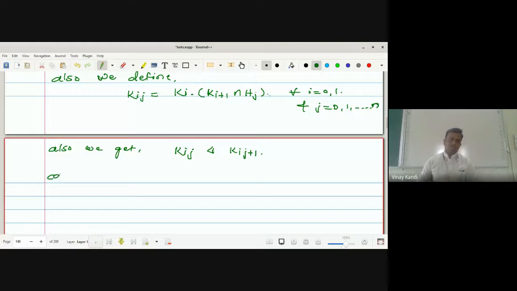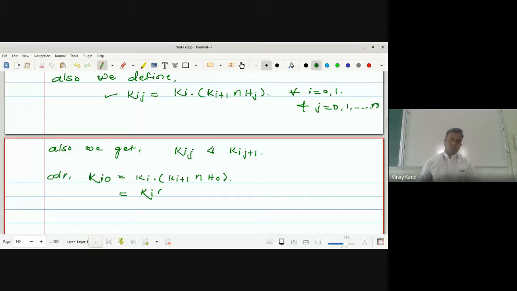Now consider Ki0. By this formula, Ki0 is Ki into Ki plus 1 intersection H0.